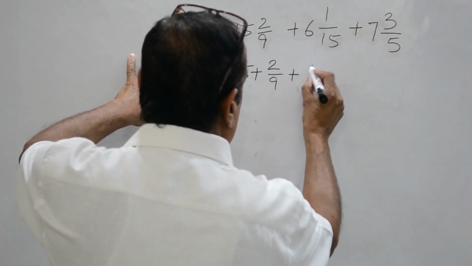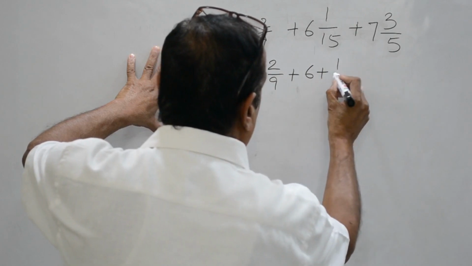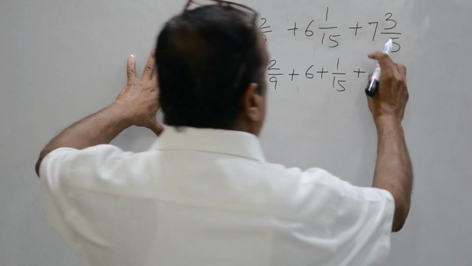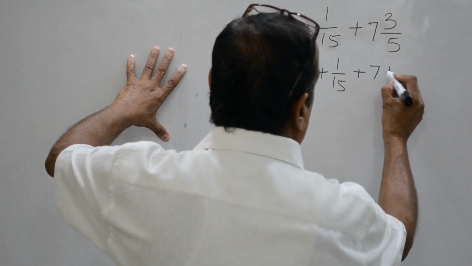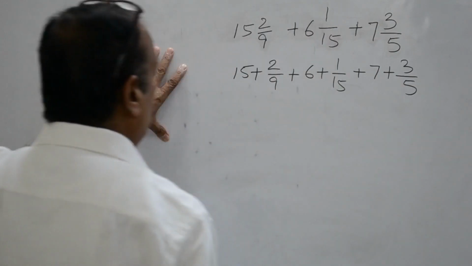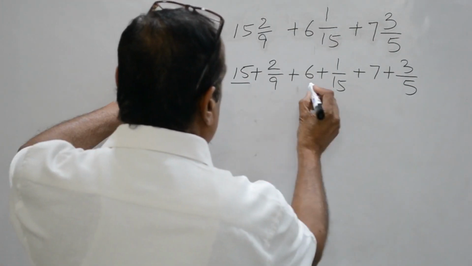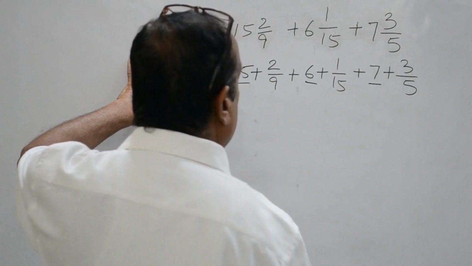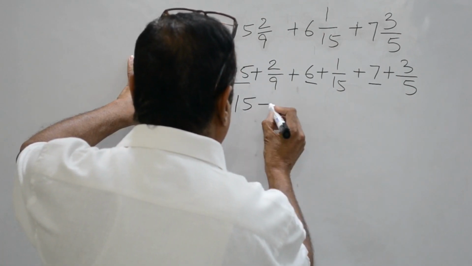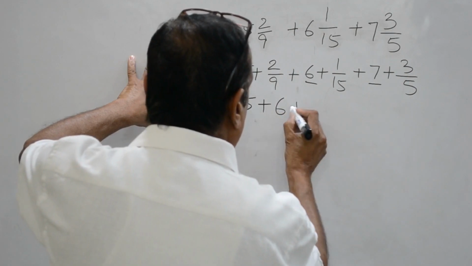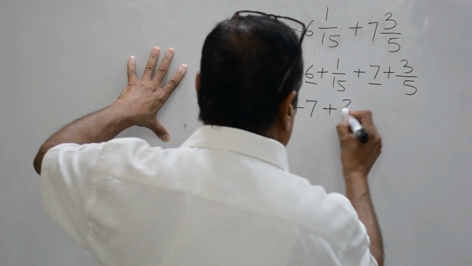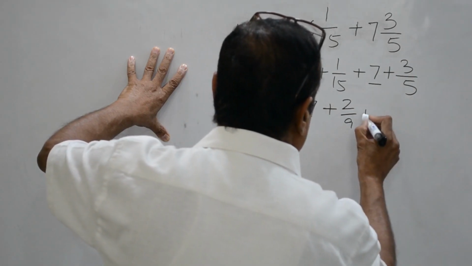It is 6 plus 1 upon 15, and it is 7 plus 3 upon 5. So 15, 6 and 7, these are the whole numbers. So separate them out and add the fractional parts separately.